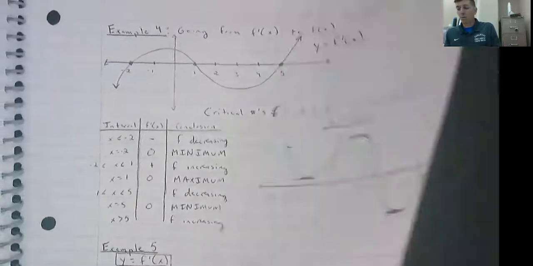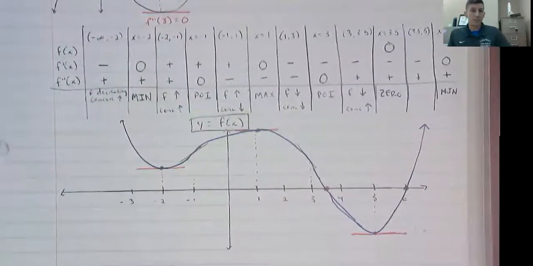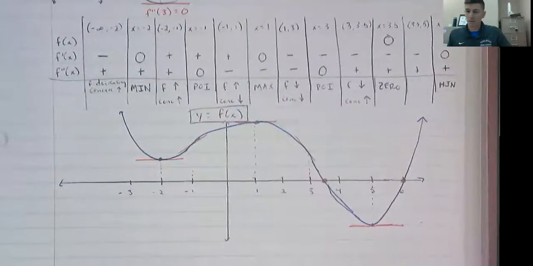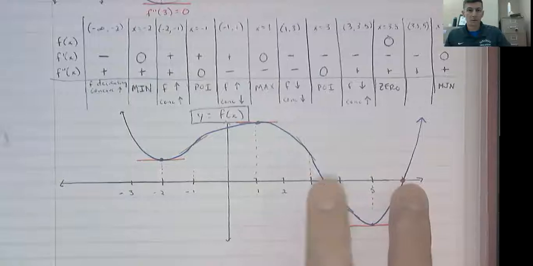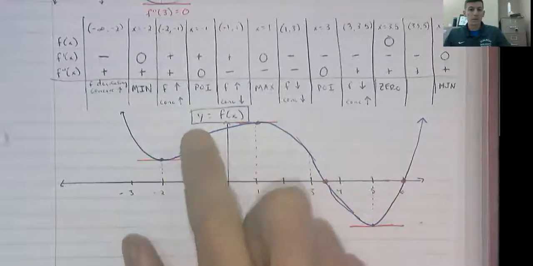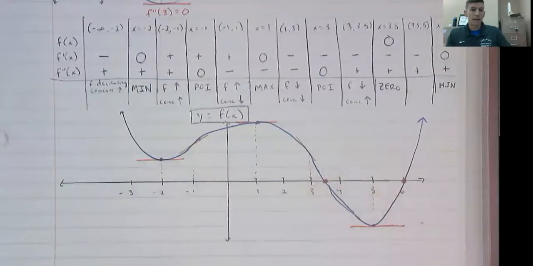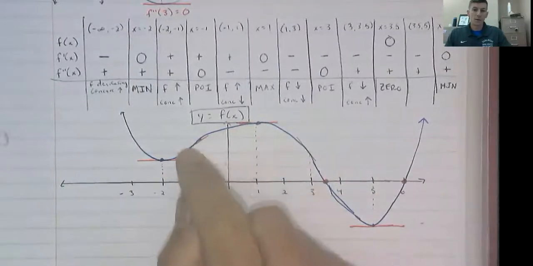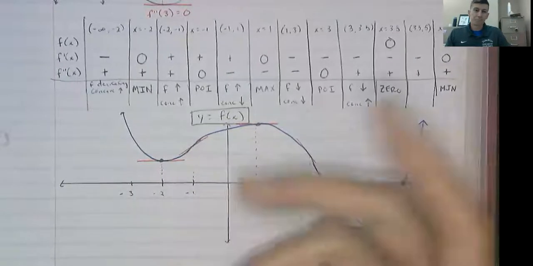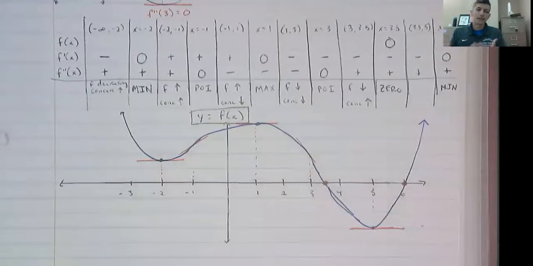And then what we did today just added some constraints that made it a little bit more precise. We knew exactly where the zeros of the function were, and we knew where these changes in our concavity, these points of inflection, were supposed to happen. Okay? And it's never going to be perfect.